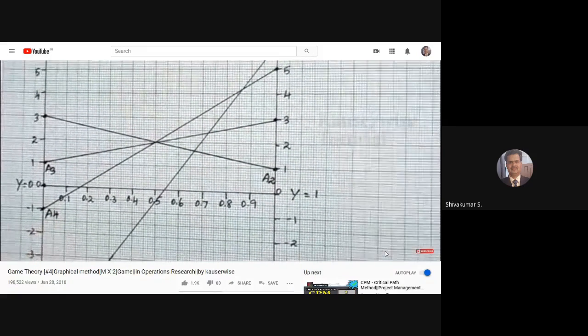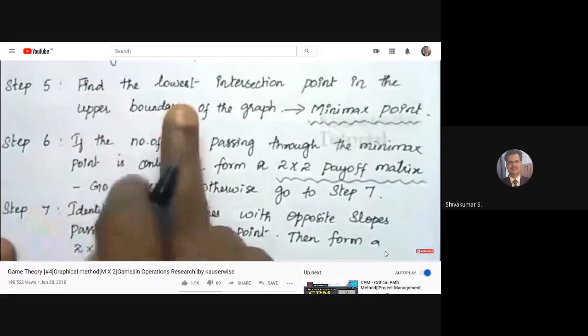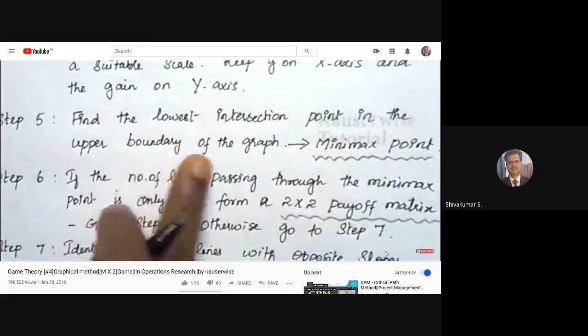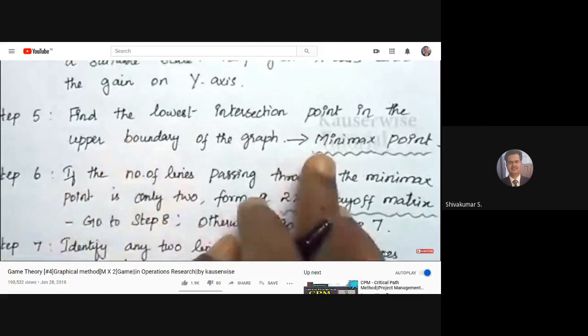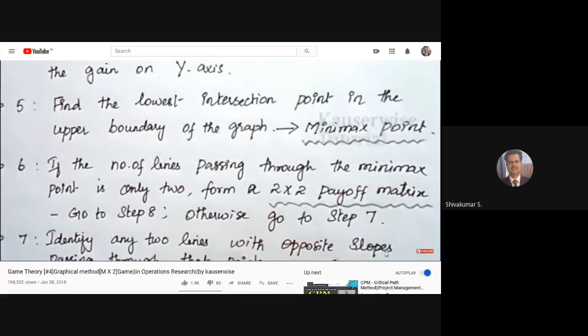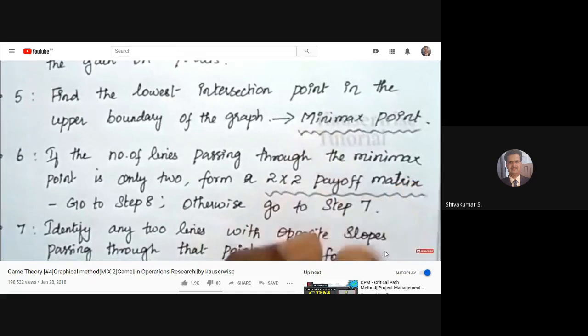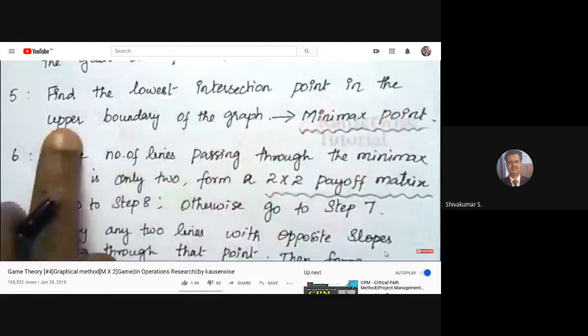Now look at the algorithm. Look at the fifth step: find the lowest intersection point in the upper boundary of the graph, because this particular game is a minimax game. So you need to find the minimum of the maximum points, which means you have to find the intersection points in the upper boundary.